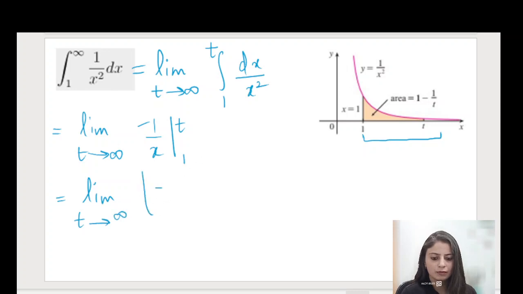So I'll have minus 1 by t plus 1. Now as t tends to infinity, 1 by t tends to 0. So the value of this integral is 1. So you see that this is a finite number. So in this case, I'll say that this improper integral converges to the value 1.